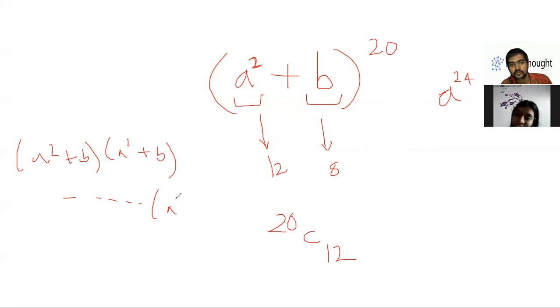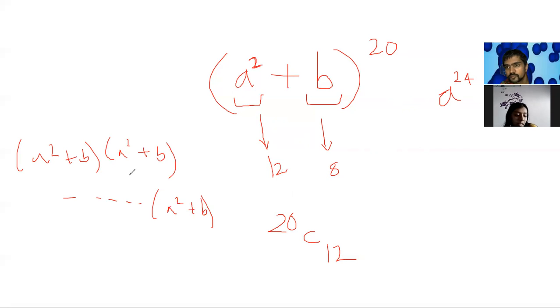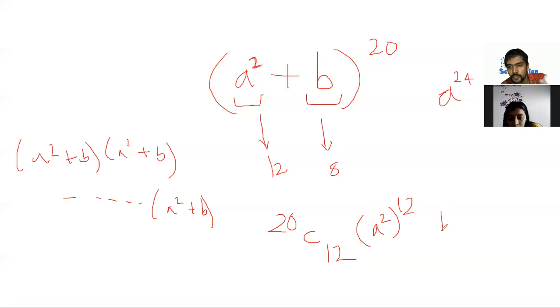So from 20 baskets, you're choosing 12. So that is 20C12, (a square) whole power 12 into b. So the term will be a power 24, b power 8, with coefficient 20C12.